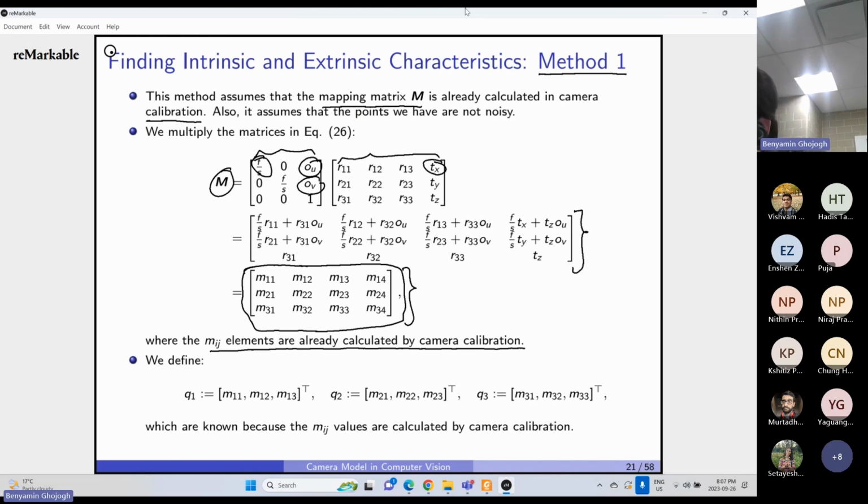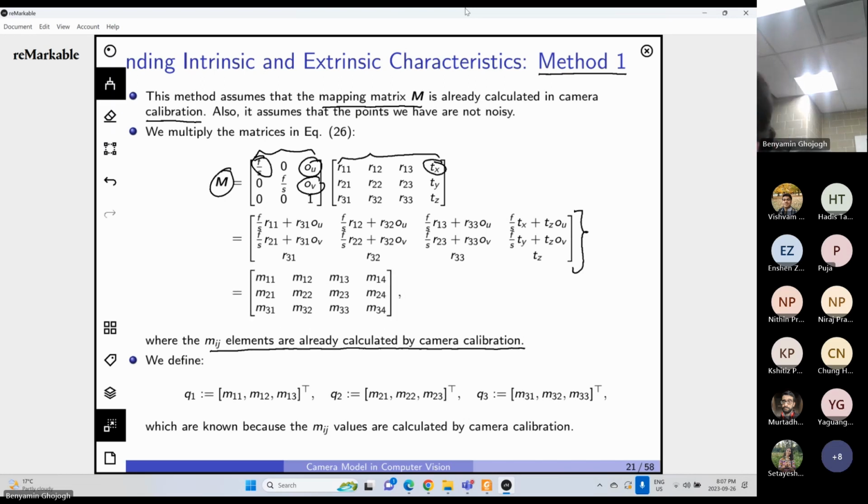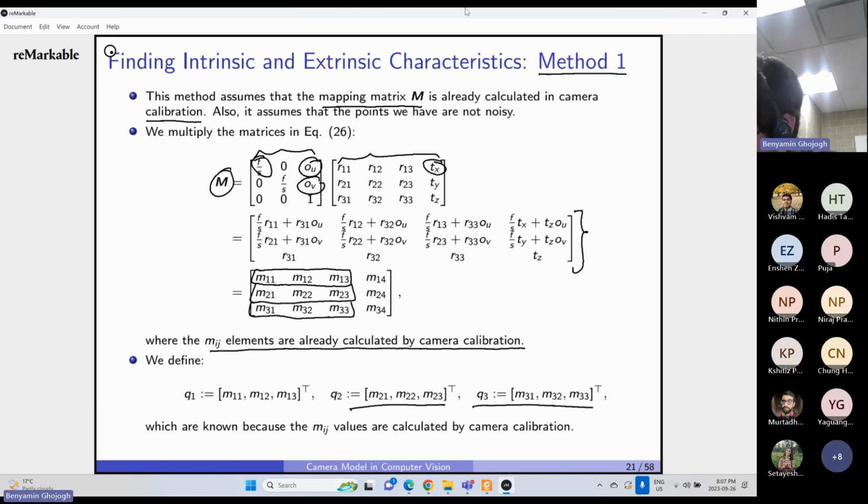Let's see how. We define Q1 as this. Consider this, I define it as Q1. By the way, Q1 transpose is a vector, and this is Q2, and this is Q3.